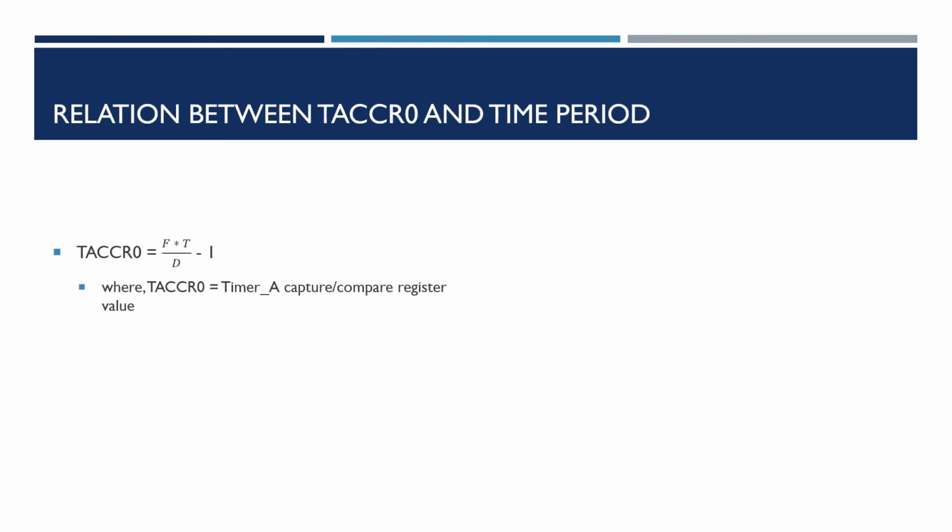So what are these things? TACCR0 is obviously the timer A capture compare register value that we want to feed in, which we do not have. F is the clock frequency in hertz, which we definitely know. So in our case, it's going to be 1 megahertz, for example. T is the delay or time period in seconds, which you are interested in having. So that's something that will be known to you. Next is D, the divider or the prescaler.